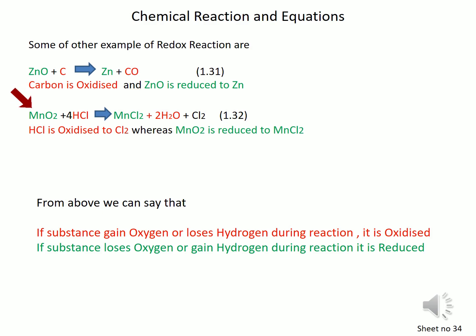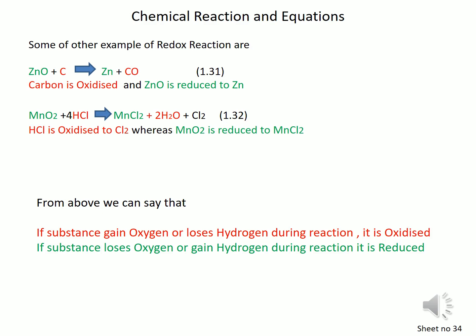Again see, MnO2 plus 4HCl interacts to form MnCl2 plus 2H2O plus Cl2. Here also I use two different colors, one red and one green. So HCl is becoming Cl2, meaning it is leaving Cl, and the H is gaining oxygen to form H2O.